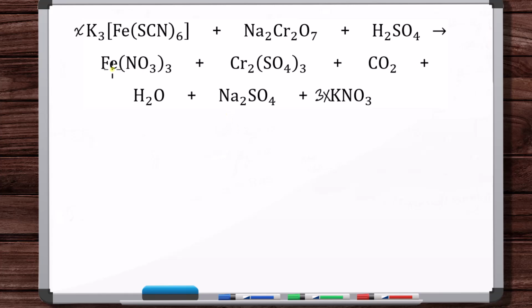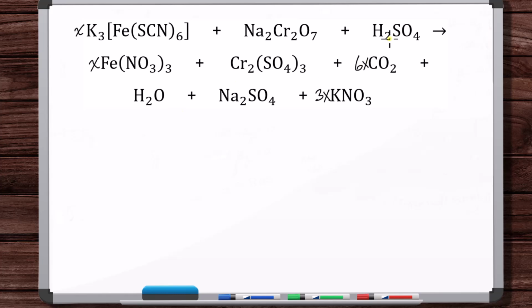Okay, what about the irons? You have iron alone here, iron alone here. So this is going to have to be X to balance the irons. Okay, you've got nitrogens here, but then nitrogens in more than one spot. What about carbon? 6X carbons on the left just in this compound, and there's carbons only here. So this is going to have to be 6X. Okay. What about sulfur? No, you got a bunch of sulfurs everywhere.